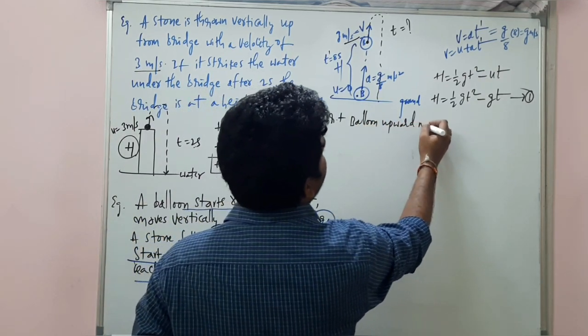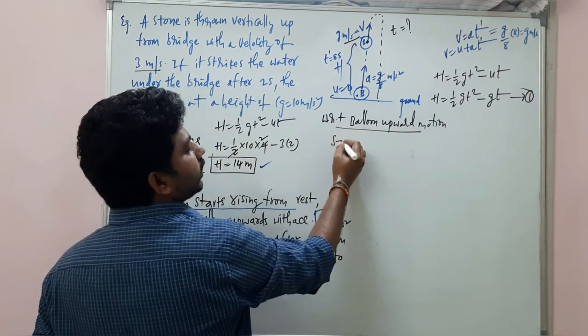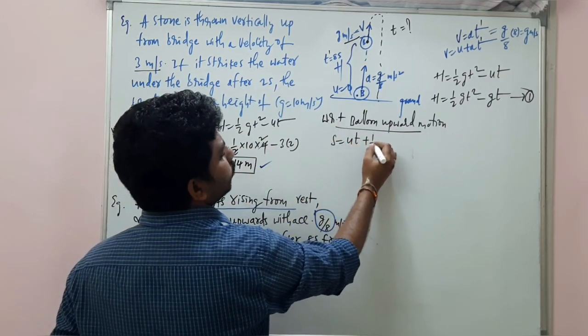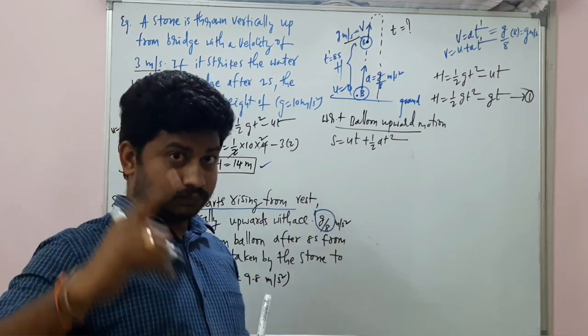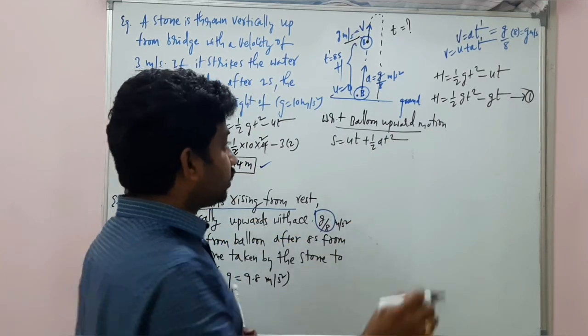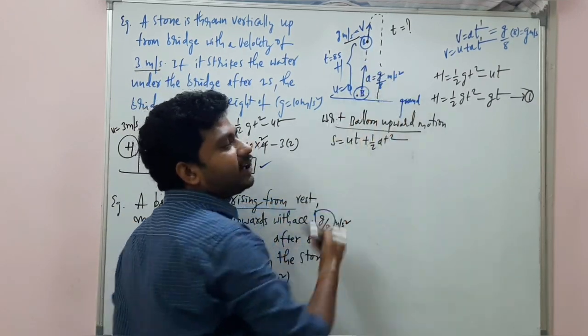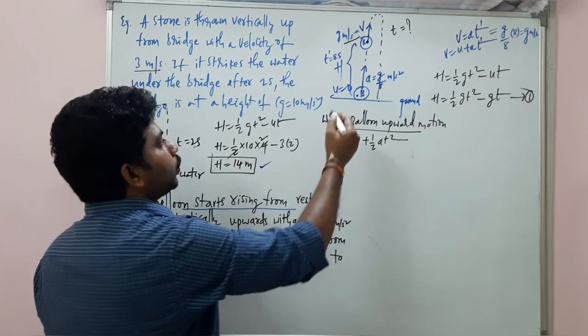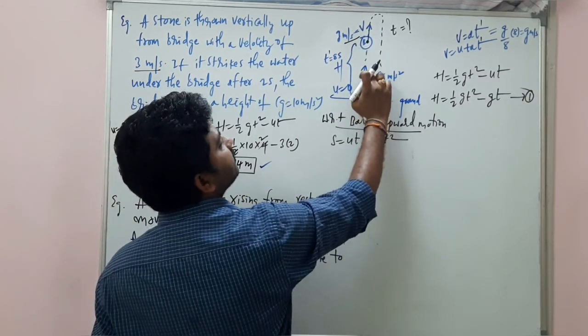Carefully see. With respect to the balloon upward motion, we can use s is equal to ut plus half at square. This is also motion in a straight line, because here the balloon is moving with a constant acceleration g by 8 meter per second square. So what is the distance or displacement traveled by the balloon? See, it is moving in a straight line.